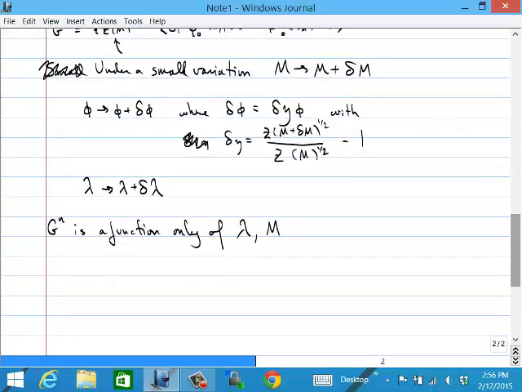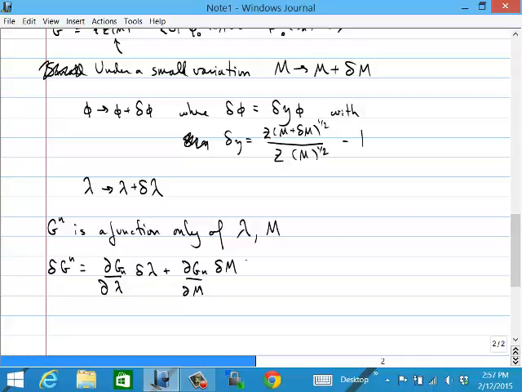So that means that the variation in this endpoint function is the derivative of Gn with respect to lambda times delta lambda plus the derivative of Gn with respect to m times delta m.